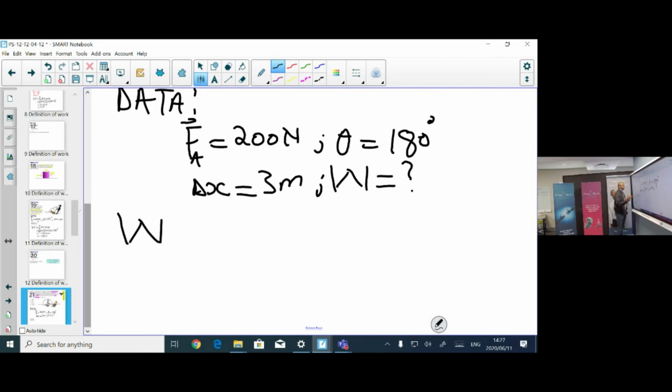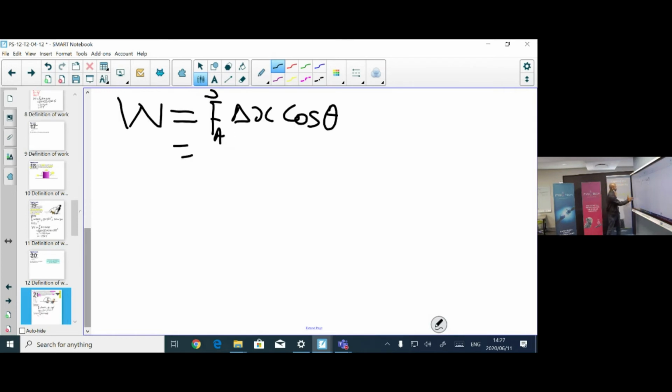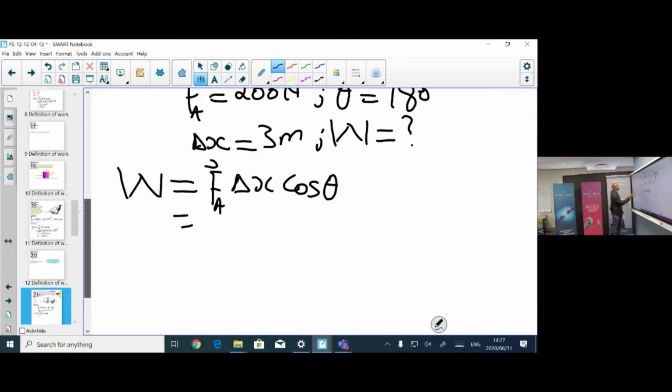Now we have to go back to the formula of work done. Work done is equal to the applied force multiplied by the displacement multiplied by the cos theta, which is equal to, we have to substitute. Before we substitute, let me extend my page and have enough space.